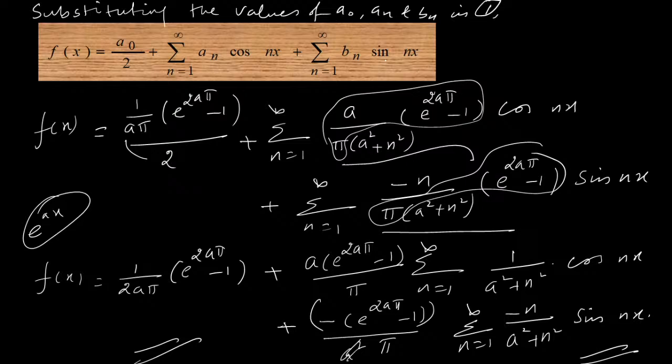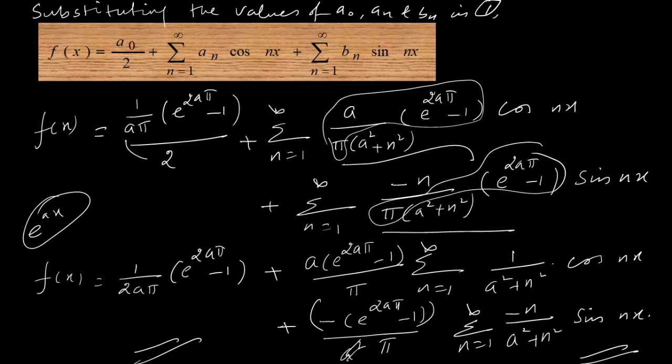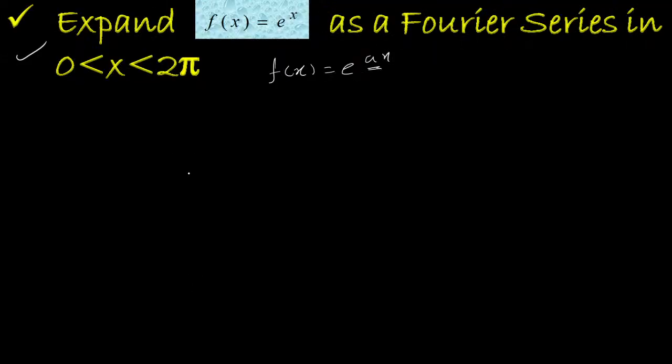If this problem is a continuation of the previous problem, you can't execute the problem from the beginning itself. In the final term, that is the last term where you have your f of x, you have to replace just a by 1. So you get the Fourier expansion of this function f of x equal to e power x.